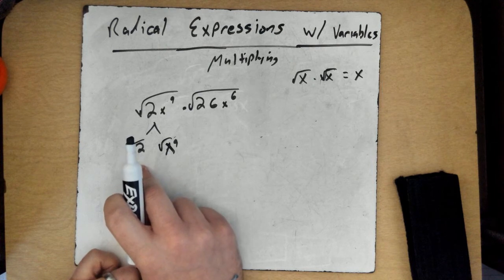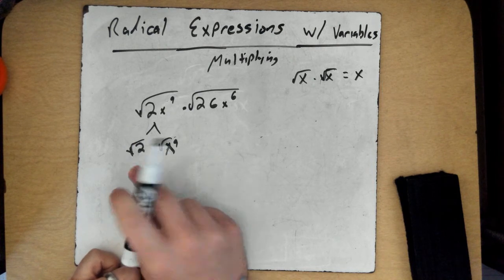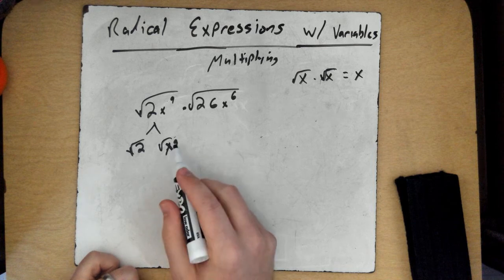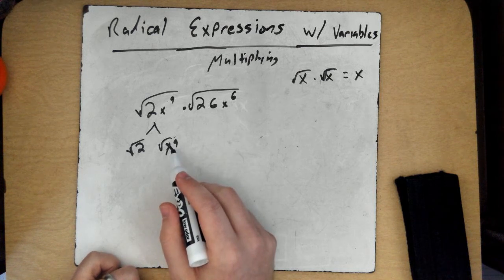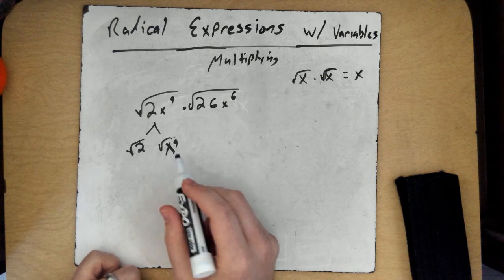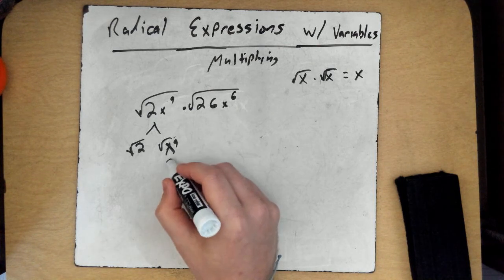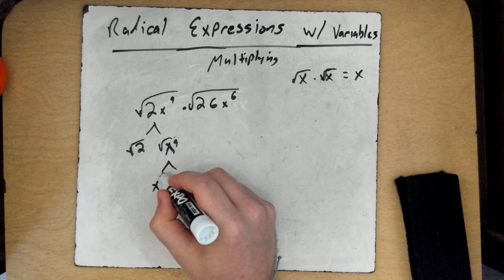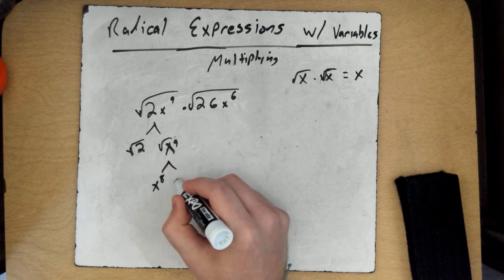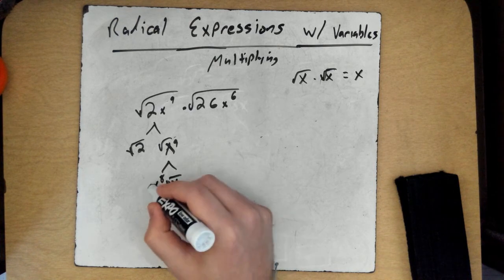Square root of 2, can't do anything with it, right? It's just by itself. So we're going to leave it. The square root of x to the 9th, right? We can break down. Remember, if it's an odd numbered variable, you break it down. Take one away from 9 to make 8. Do the other one by itself.